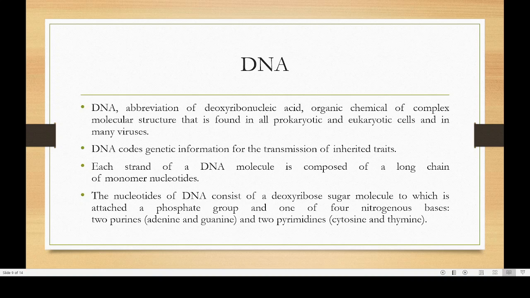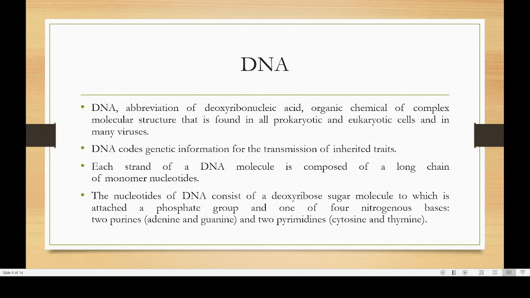And what is the purpose of DNA? DNA is basically coding certain information. The purpose of DNA is that it codes genetic information for transmission of genetic traits. For example, our skin color, our body shape, our eye color, our hair pattern, all these are inherited from our parents. So it is from the genes present in our parents that we got these characteristics, and it is the DNA that is coding this information.